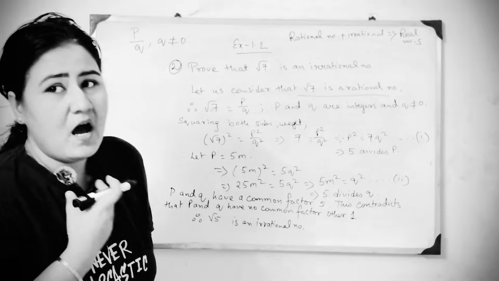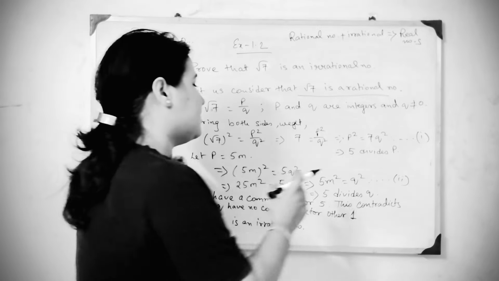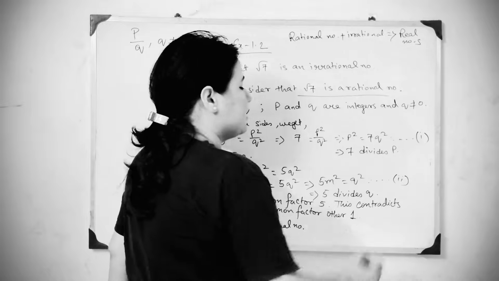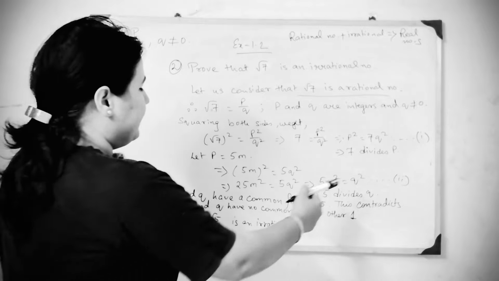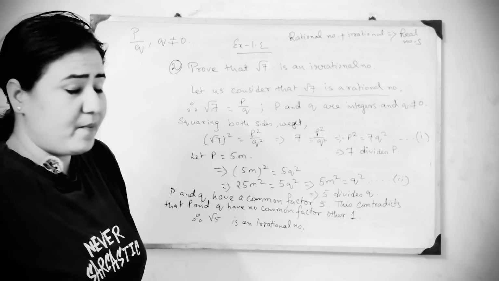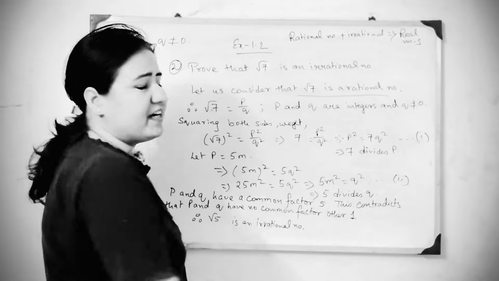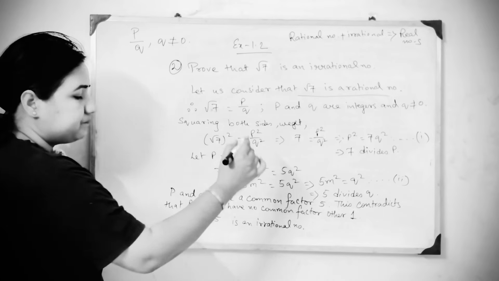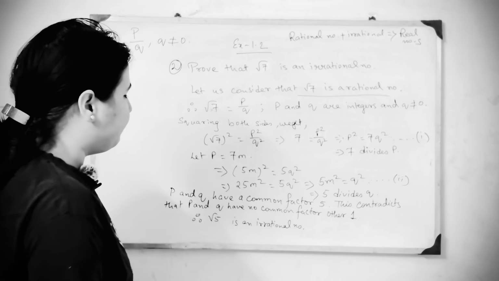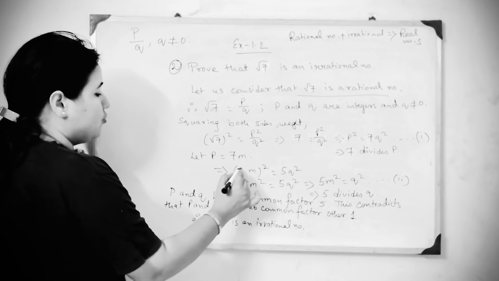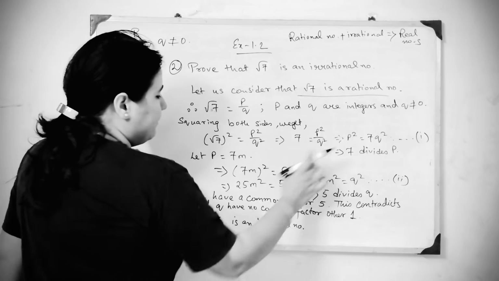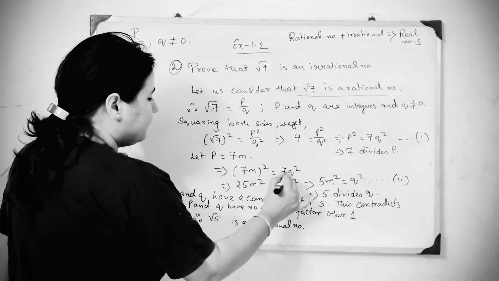From here I can conclude that 7 divides p. So this is our equation 1. Since 7 divides p, we will take the value of p to be 7m. So 7m whole square equals, here it will be 7q square, right?